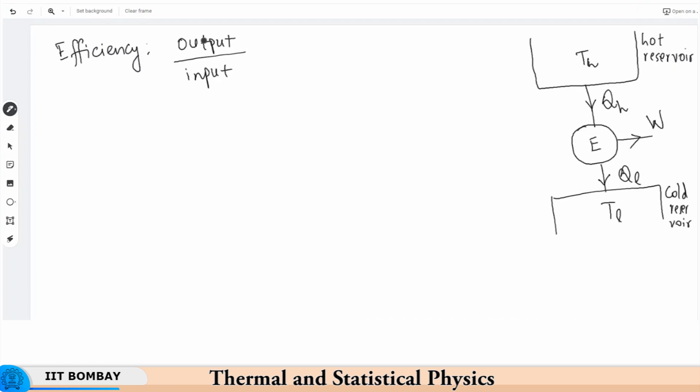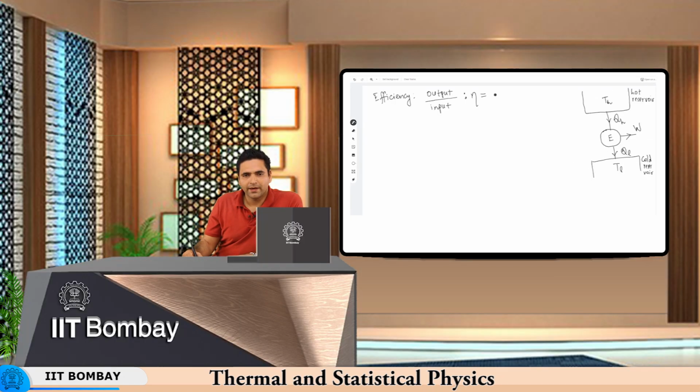So, the output divided by input. And this is usually denoted by symbol eta in Carnot engine, and you can see the output that we are interested in is the work, which is W, and the input is basically QH, right. So, that is the input, and this is basically how we can define the efficiency.